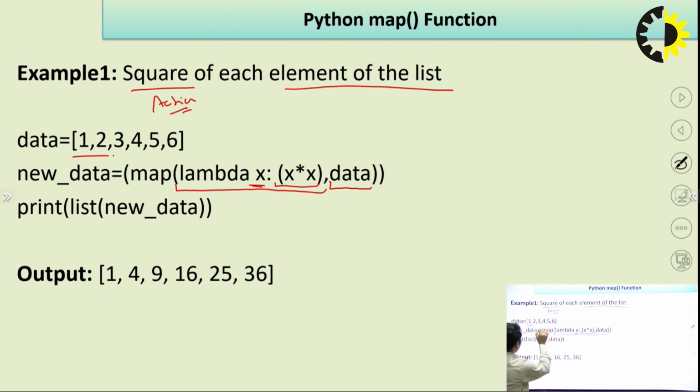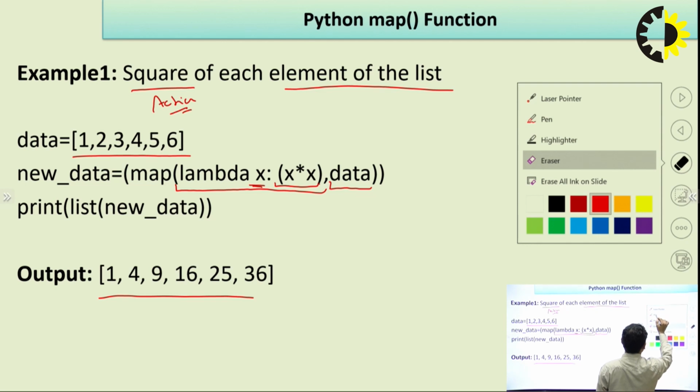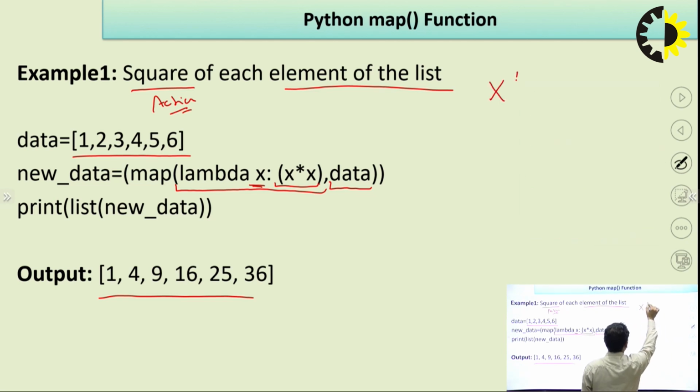Data is here 1 2 3 4 5 6. Now we will see how we will achieve this output. Okay, here x as a parameter.